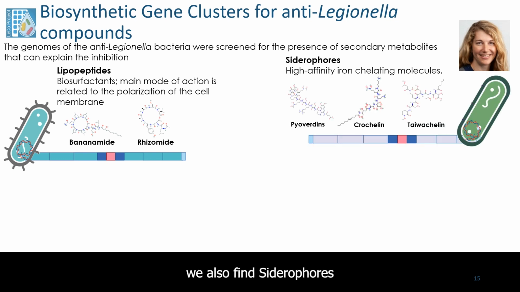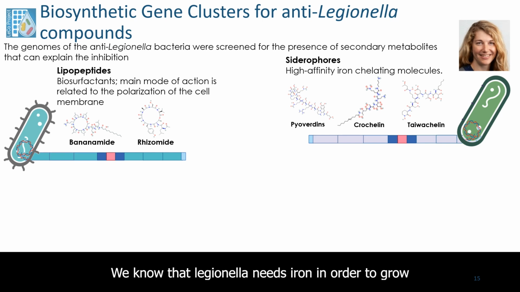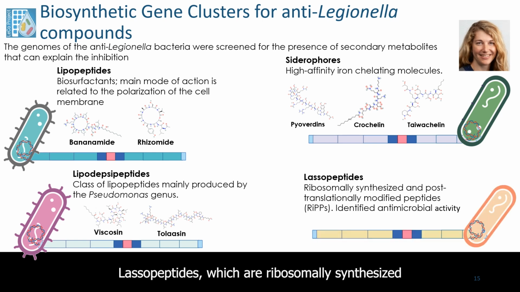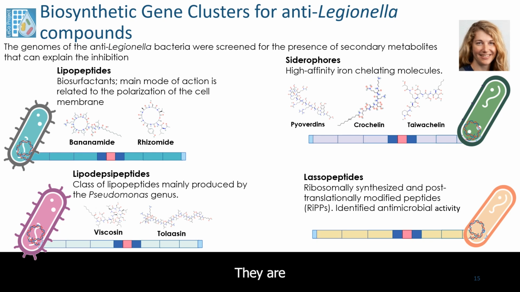We also find siderophores. They are iron-chelating molecules. We know that Legionella needs iron in order to grow. Lipodepsipeptides are a class of lipopeptides mainly produced by the genus Pseudomonas, and among those we find viscosin and tolaasin. Lanthipeptides, which are ribosomally synthesized and post-translationally modified peptides, are known to have antimicrobial activity, but we could not link any of these gene clusters with an actual name in our dataset.